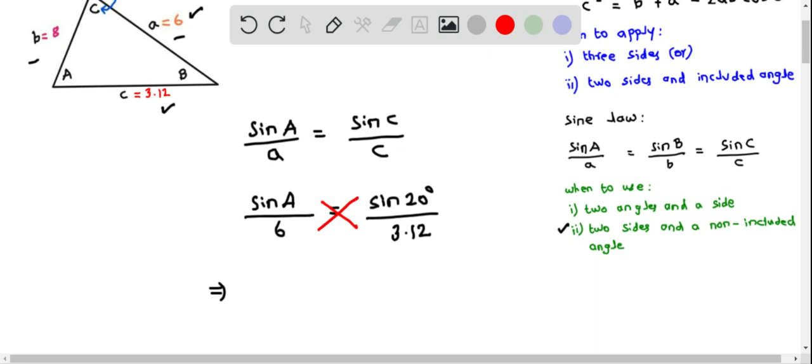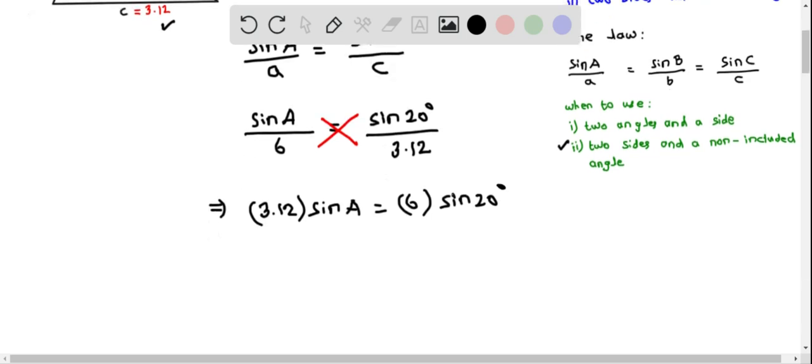I get 3.12 times sine of angle A equals 6 times sine of 20 degrees. I'm going to divide both sides by 3.12, and then sine of angle A equals 6 times sine of 20 degrees over 3.12.